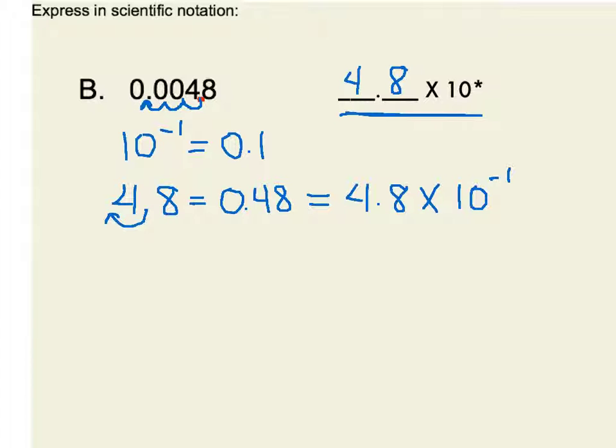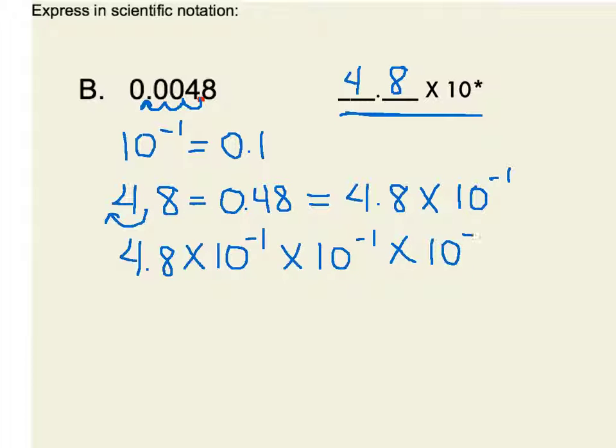Moving the decimal point 3 places to the left then is the same as multiplying 4.8 times 10 to the minus 1 3 times. It's the same as multiplying 4.8 times 10 to the negative third power. This is my answer, and notice in my answer, because the number 0.0048 is less than 1, my exponent is negative.